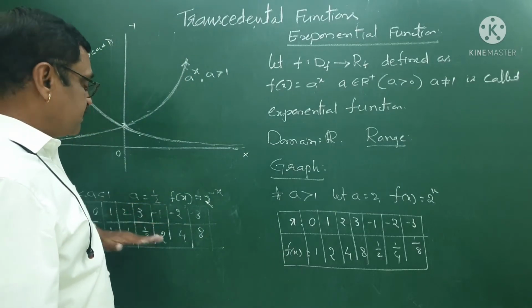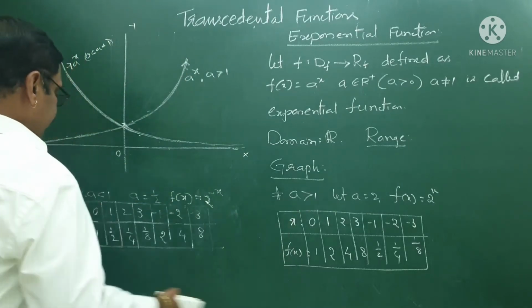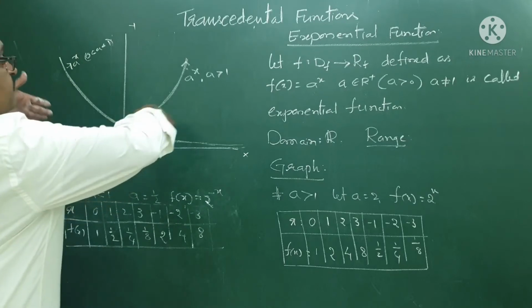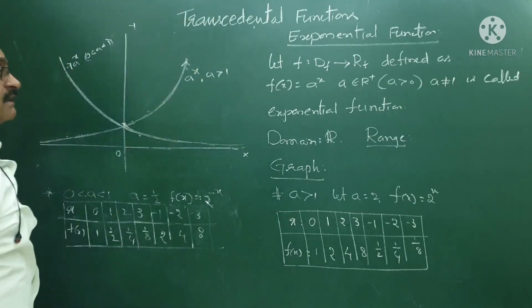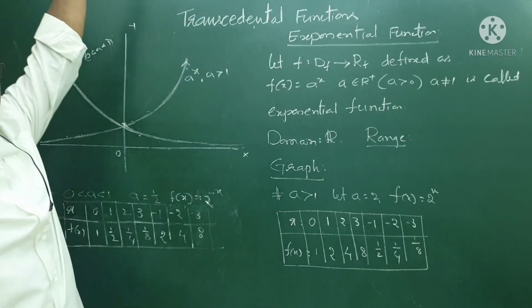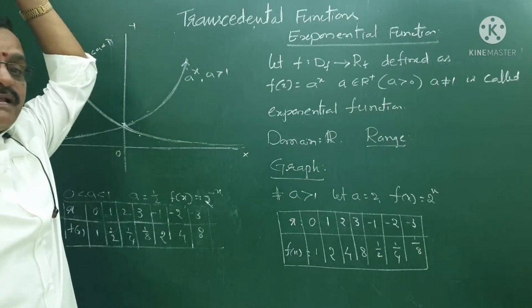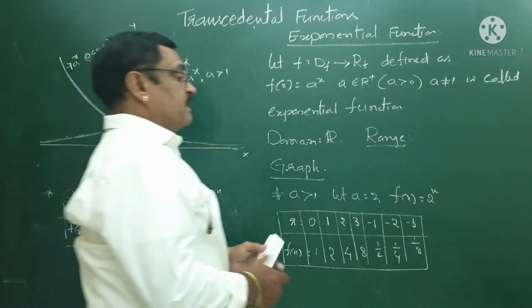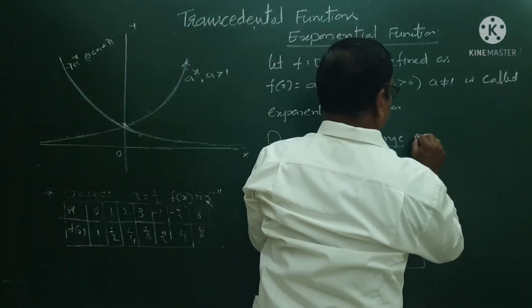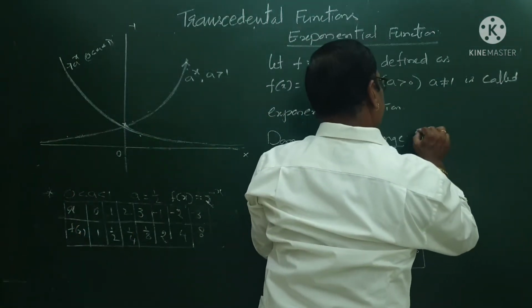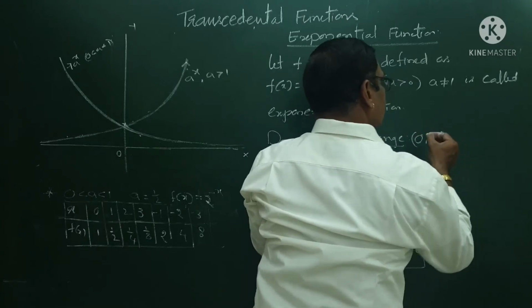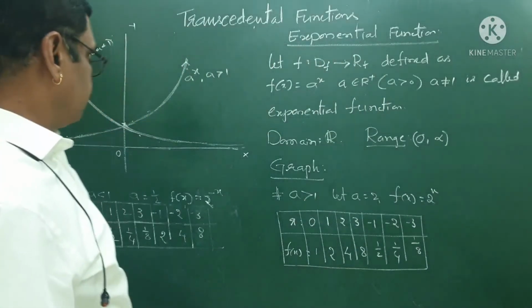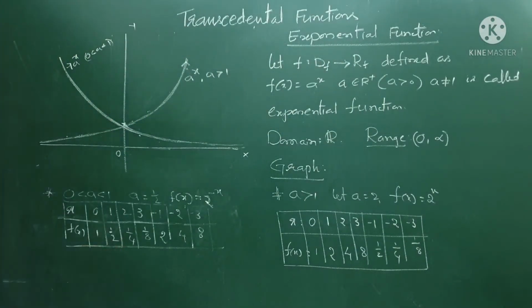And when x approaches either the negative side or the positive side, my graph is going towards infinity. Therefore, there is no end in the upwards direction. That means the upper bound is nothing but infinity. So by observation of the graph, I got the range as 0 to infinity. 0 is not included. So this is the graph of the function. Please take it.